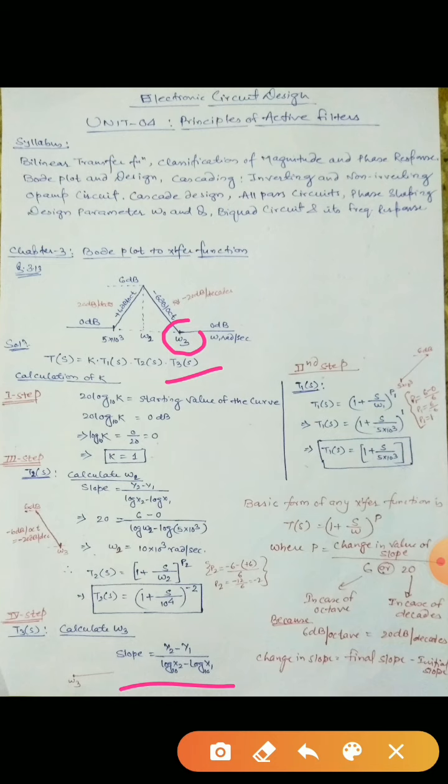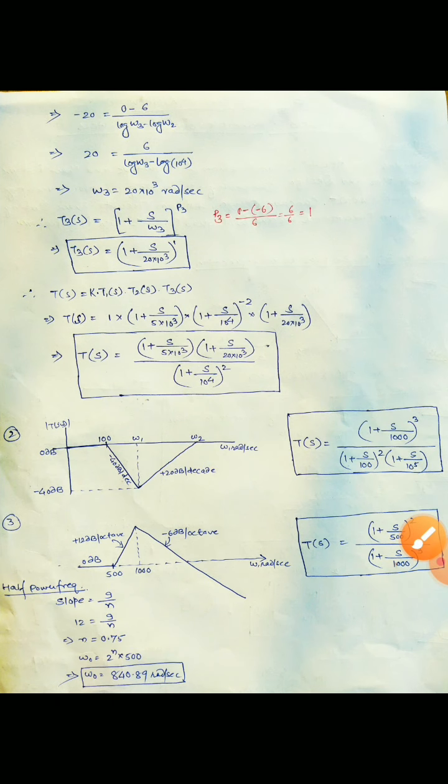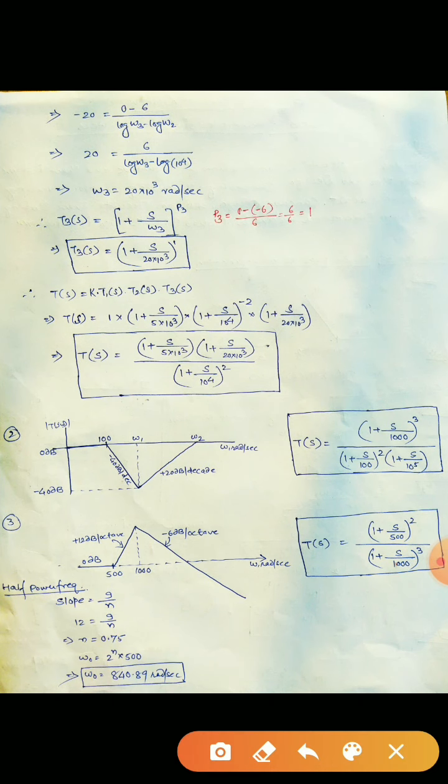Here the value of y2 is nothing but 0, y1 is nothing but 6, x2 is omega 3 and x1 is omega 2.